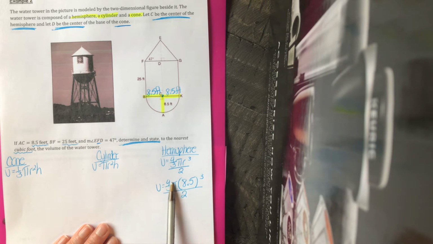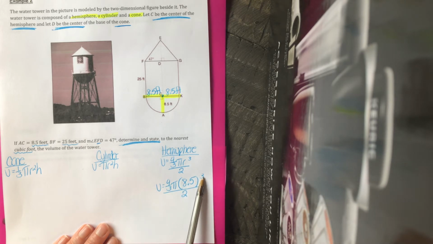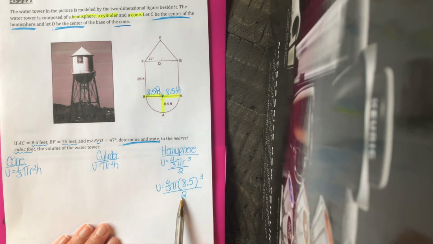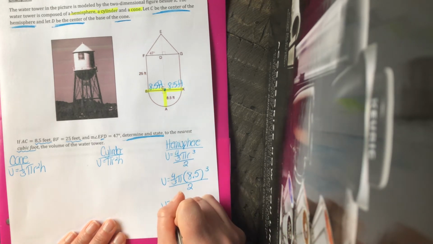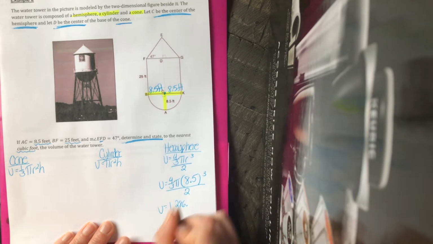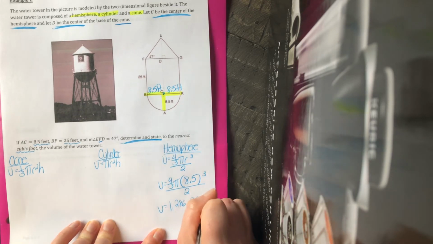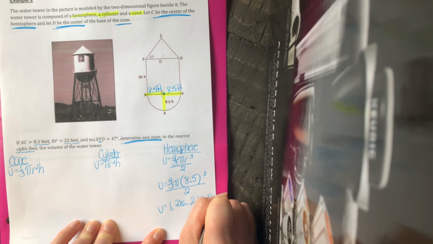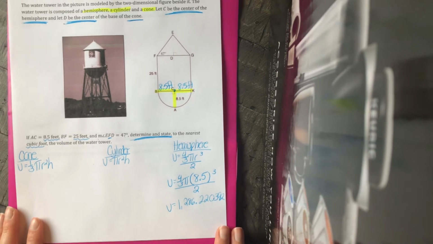You would type the whole top in and press enter, then divide by 2 and press enter again. You should have got 1,286.220392, and we have a bunch more numbers after that.